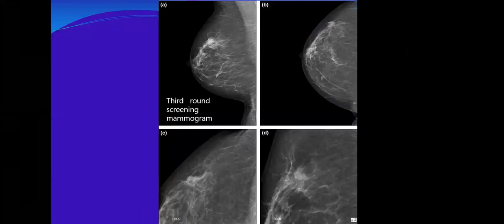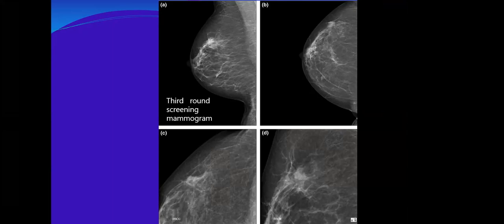So they did not do ultrasound at that time. They just let the patient go for the third round, passing it as something not significant, and the patient came for the third round screening mammography.